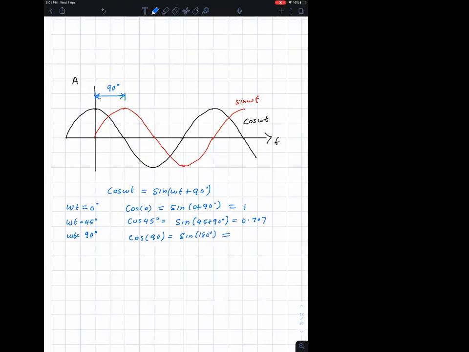Both of them will give you 0, right? Okay. Yes. So that's how you check. Earlier on, I put minus, it didn't match. Minus is when you solve for this: omega t plus 90 is equal to 0, so omega t is equal to minus 90 degrees.